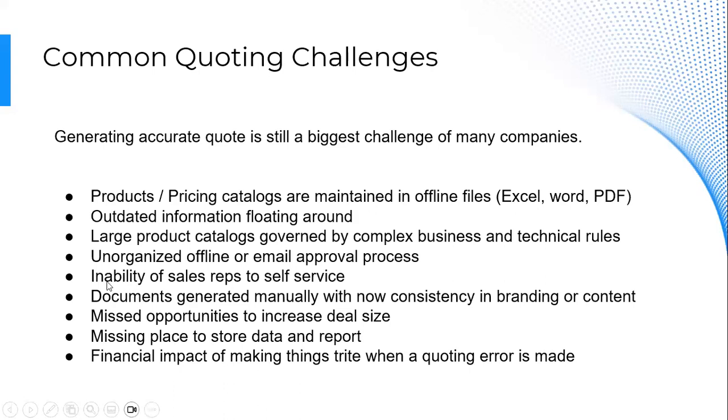Another challenge while quoting is the inability of sales reps to self-service. There can be a scenario where sales reps are not aware of each and every functionality, each and every business rule or technical rule, the product, the discounting mechanism. Those can be stored offline, or that information would be with the manager or the people at a higher level in the role hierarchy.